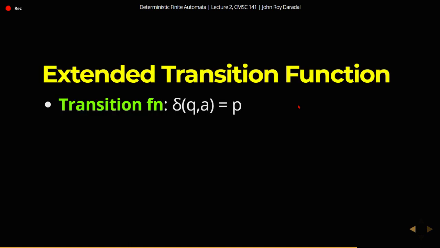Okay, finally, we will discuss the extended transition function.